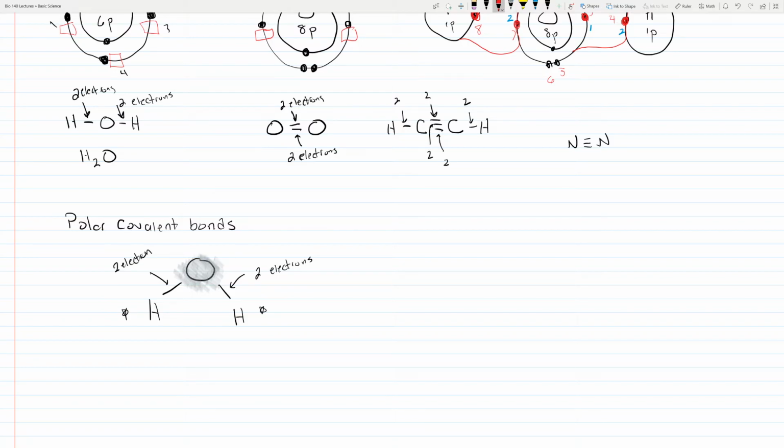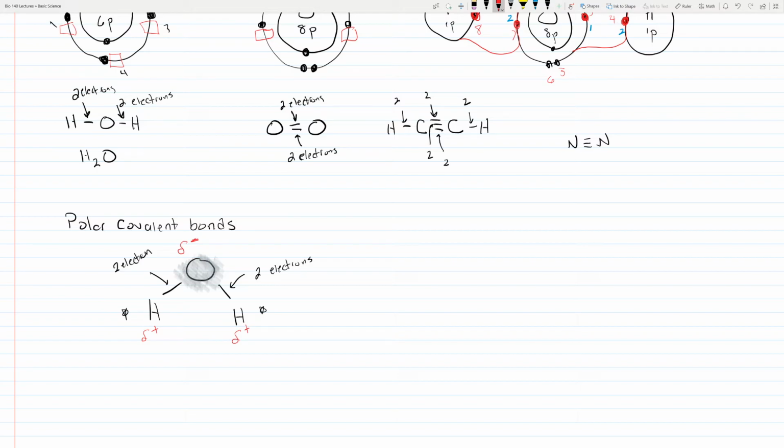And what this does is, if all of the electrons are around the oxygen, it's going to give oxygen a slightly negative charge. Okay? And if all the electrons are around oxygen, it's going to give the hydrogens a slightly positive charge.